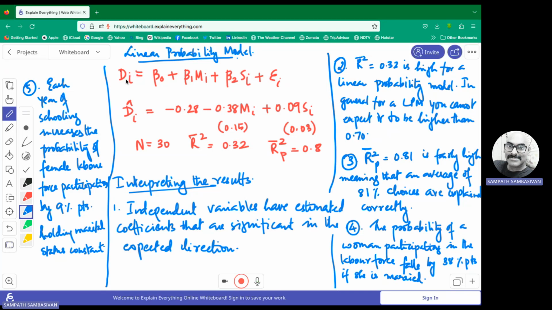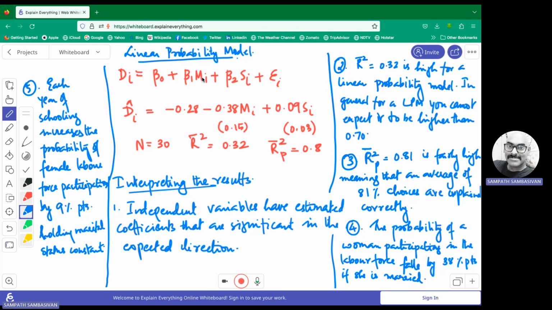So Di is a dummy variable, a dummy dependent variable. What does this dummy variable stand for? It stands for female labor force participation. It is defined as D equal to 1 if a female is part of the labor force, and 0 otherwise. Okay, Mi is marital status, right? And Si is the number of years of schooling undertaken by this woman.